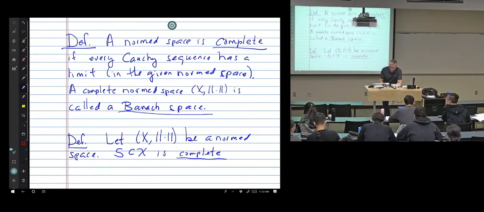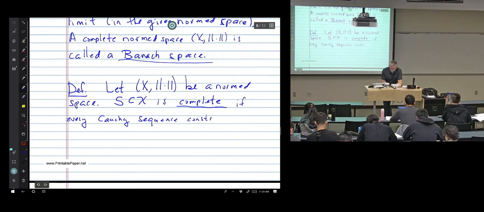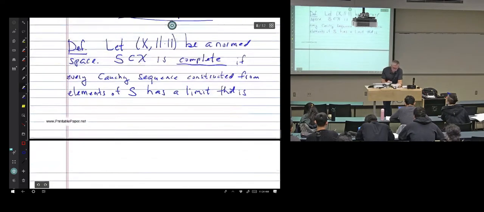The subset is complete, and it's the same thing, if every Cauchy sequence constructed from elements of S has a limit that is also in S.